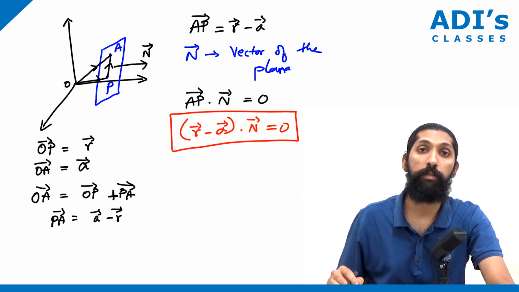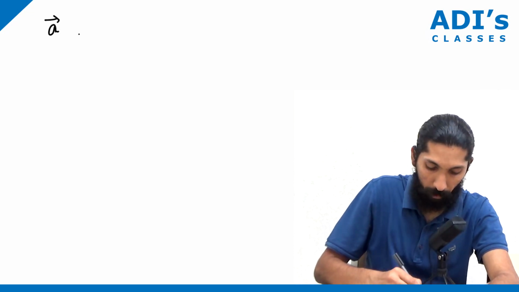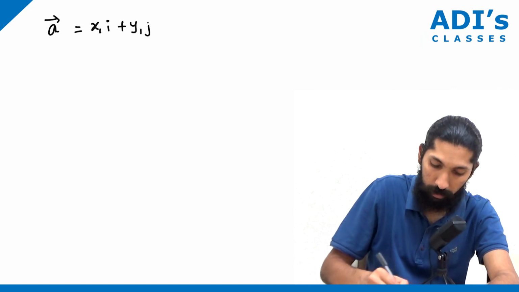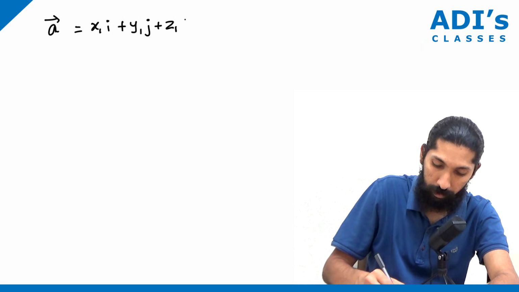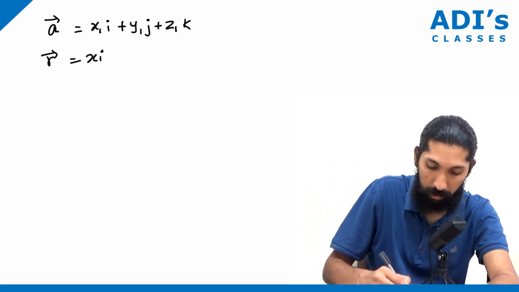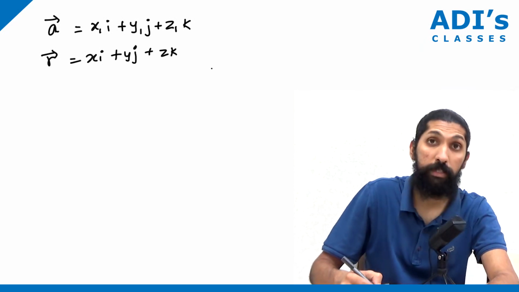Now we'll look at the same thing in the Cartesian form. For the Cartesian form, we take vector A is equal to x1 i cap plus y1 j cap plus z1 k cap. Now vector R is xi plus yj plus zk.